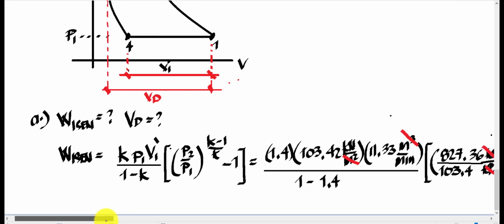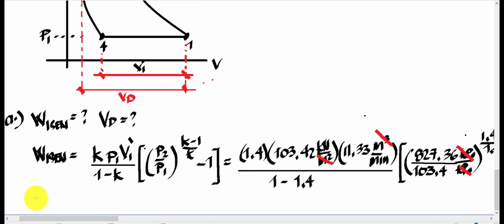So using our calculator, we have now your work of the isentropic compression, which is equal to negative 3,327.